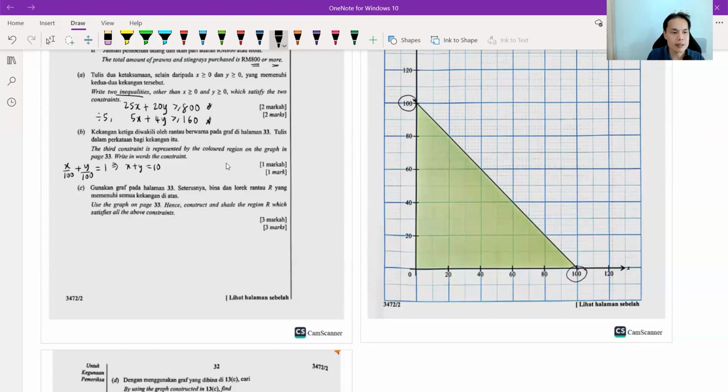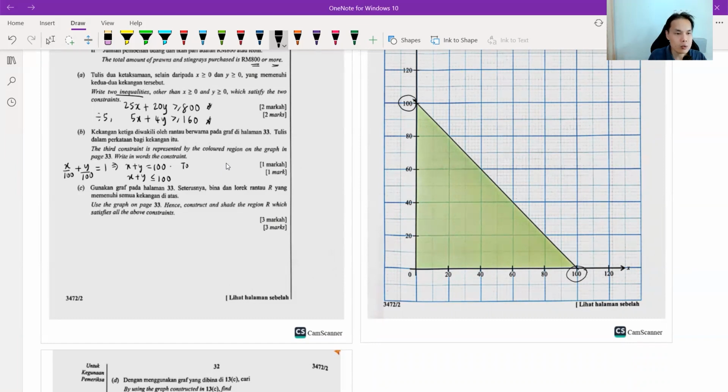So what does this represent? That means the total mass is 100. Okay, however, look at the region that it represents, it's below. So your inequality is x plus y less than or equal to 100. But guys, we need to write in words. So this one, I just wrote in inequality. Please write in words.